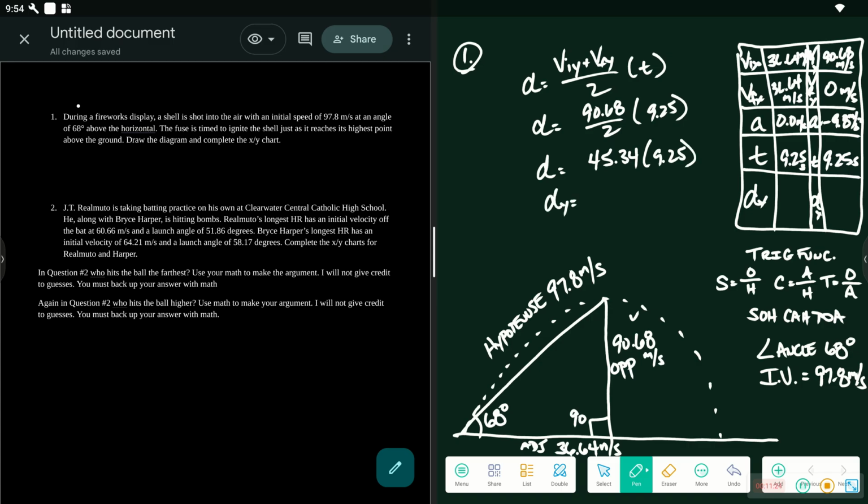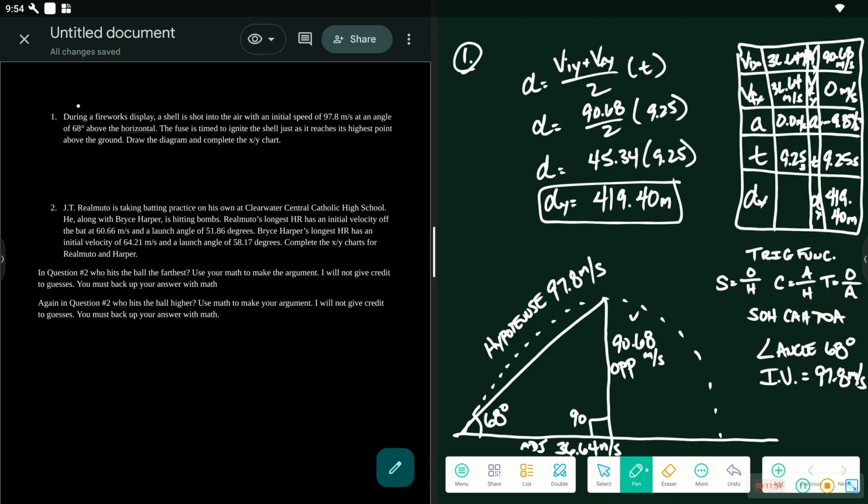The displacement of y is 419.40 meters. Okay.